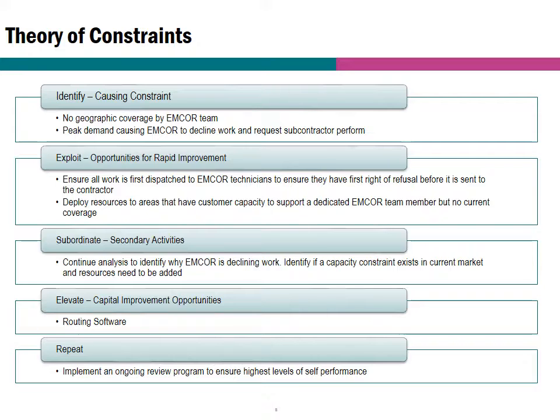In areas that are already saturated, where EMCOR has multiple technicians, is there an opportunity to better route the technicians so they're more efficient, complete more work orders, and are not driving from place to place? And then ultimately, there should be an ongoing review program implemented to ensure the highest levels of self-performance. We suggest a 6-month or 12-month review program of the items listed above, ensuring that the areas of customers are being covered and understanding why the work is being declined.